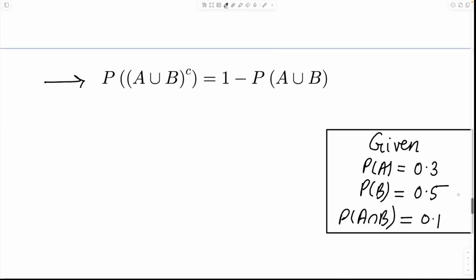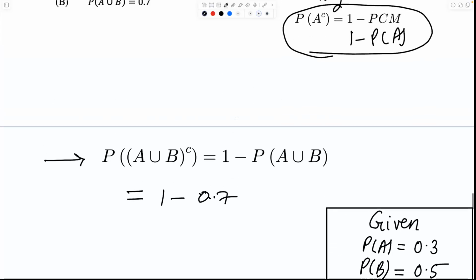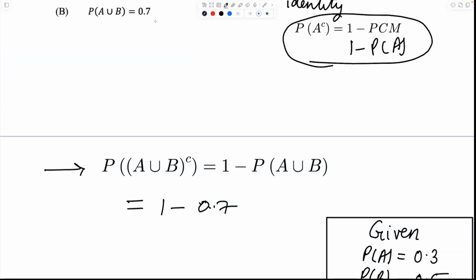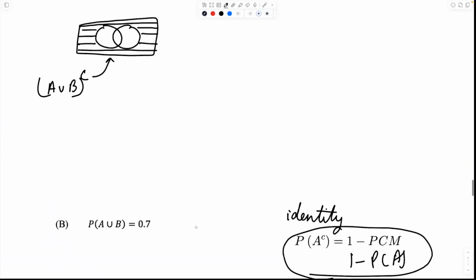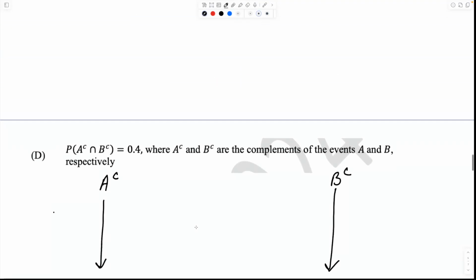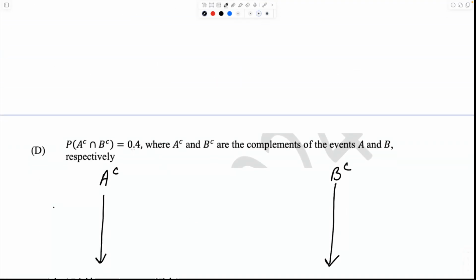So let's do that. This is the given portion. Your value for P of A union B whole complement is equal to 1 minus 0.7. The 0.7 is coming from option B, which we have already proven as true, right? Which is going to give you 0.3. Now 0.3 is not equal to 0.4, hence this is actually false.